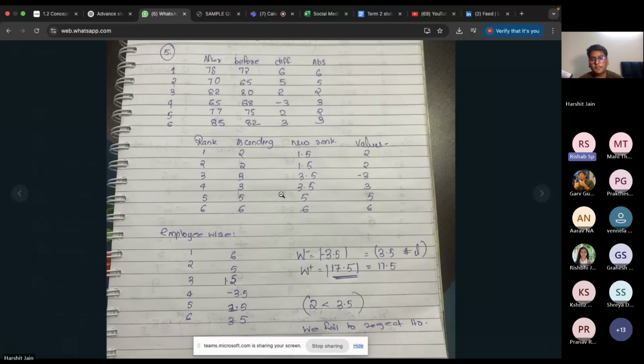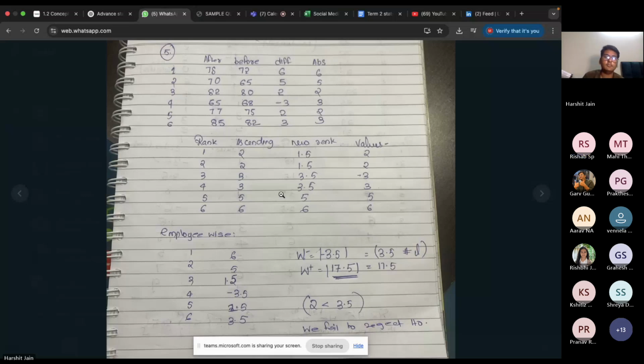In the sample paper, I guess the answer for 5 is A. A is W plus is equal to 10 and fail to reject the null. I've asked a few others, and they also didn't get the answer. This is also a pending question. So question 4 and question 5, we need to recheck once again.